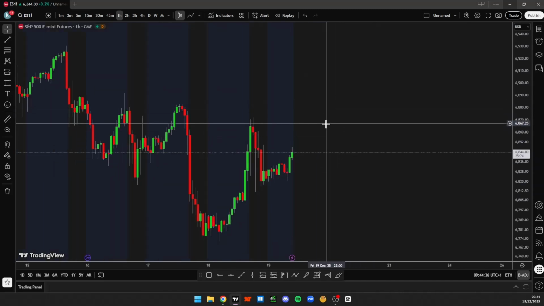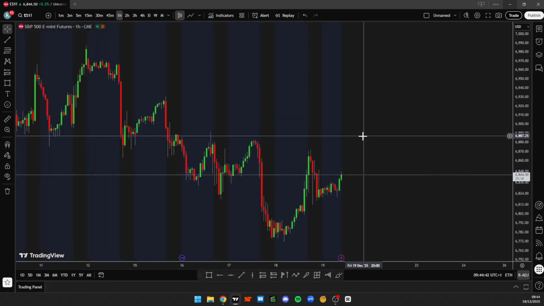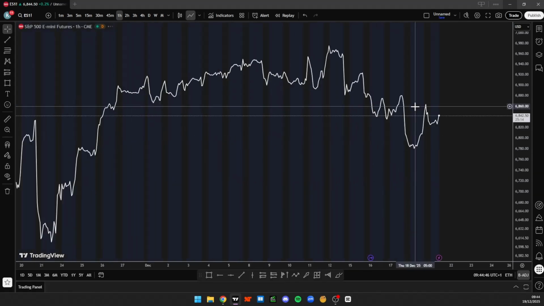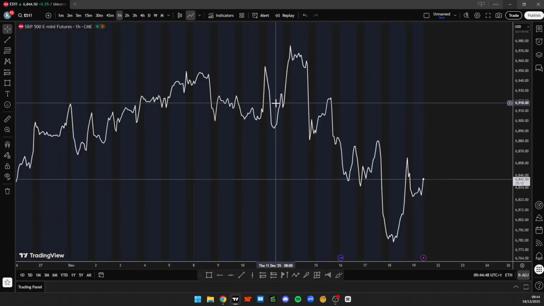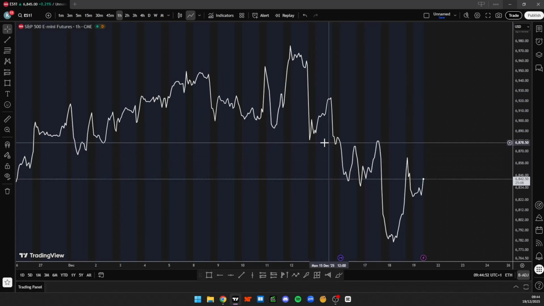So here we have the S&P 500 on the H1 time frame, and we'll use all the time frames, the M15, the M30, and the H1, to find clean levels. If you look on the line chart and you just look at all these highs and lows, you can see how these highs, for example, react to previous lows.